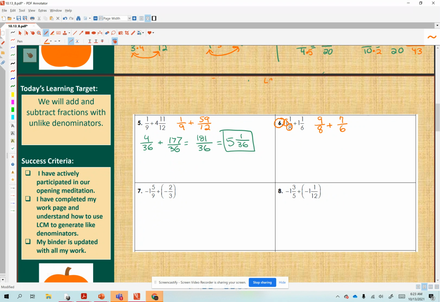So we need the least common multiple of 8 and 6. When we look at the multiples of 8, we have 8, 16, 24, 32. And we see that 24 is also a multiple of 6, so that will be our new denominator.